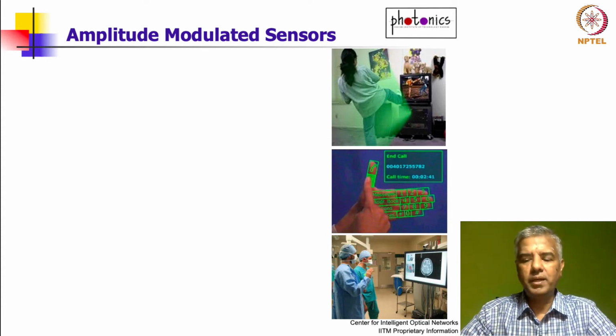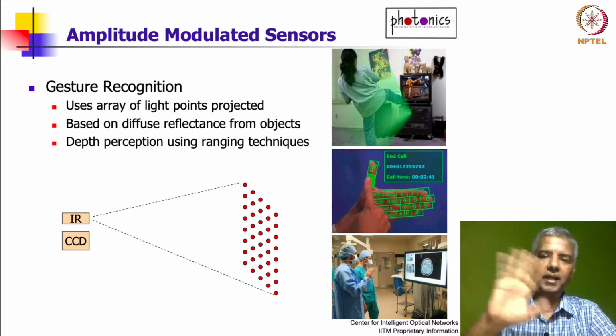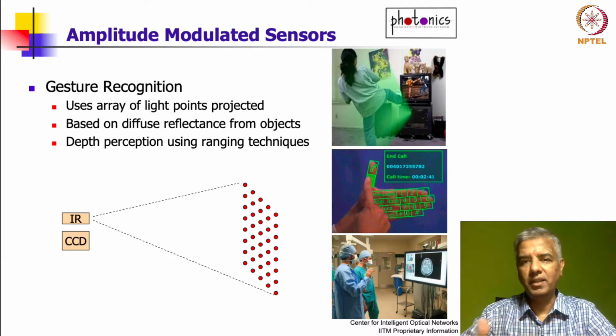Well, these are applications that are called gesture recognition. Okay, so what is gesture recognition? Basically, I do this gesture, and then the computer should be able to say, okay, this is what this person is trying to gesture, and then based on that the computer might take an action.